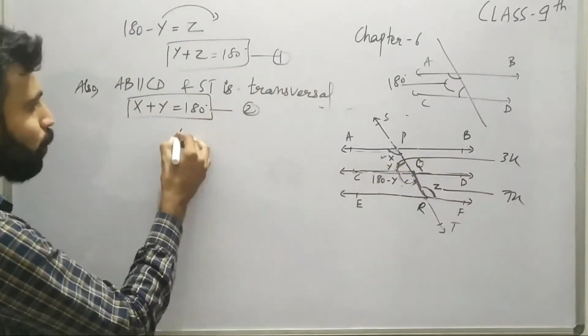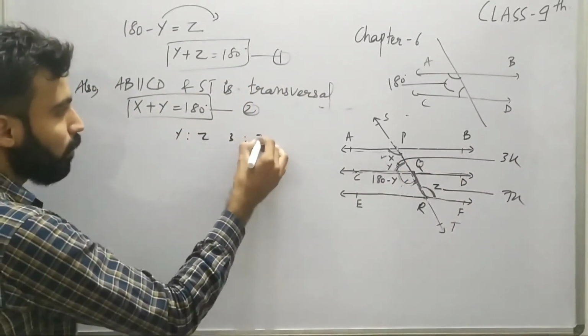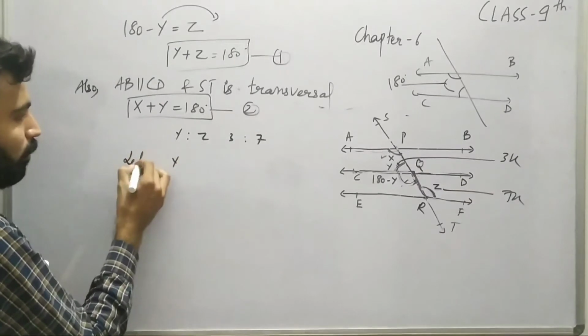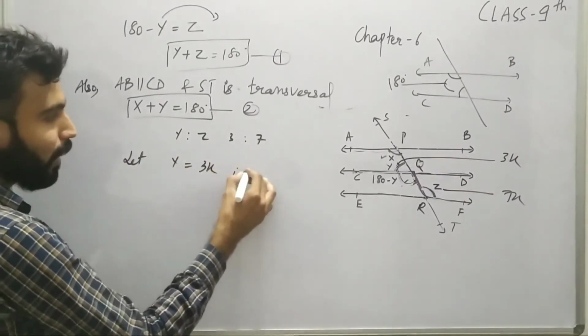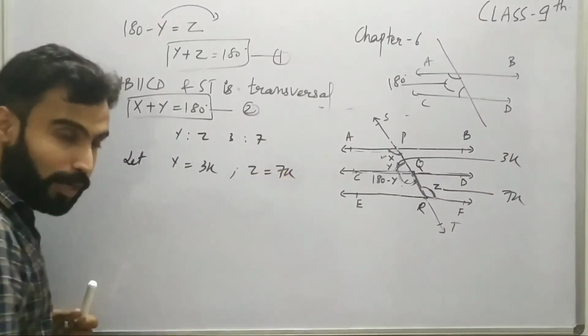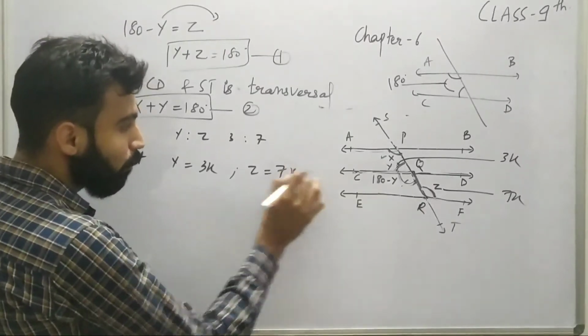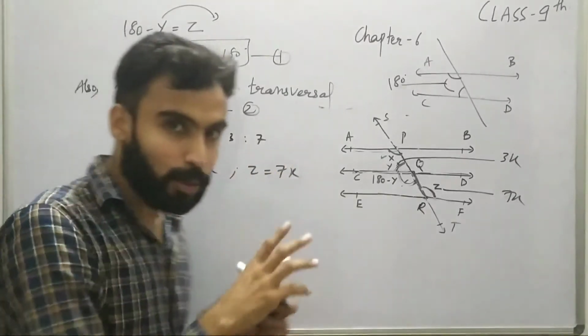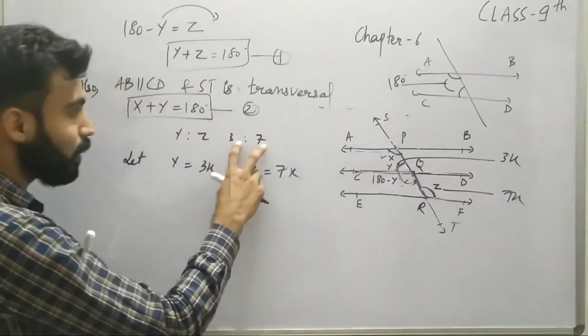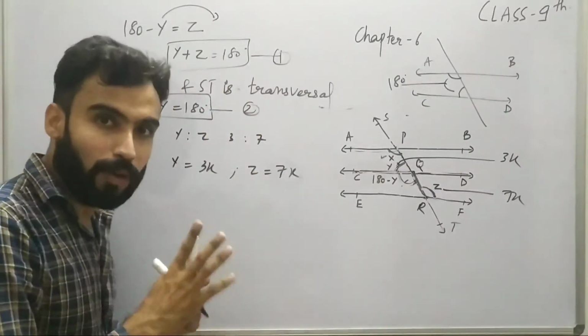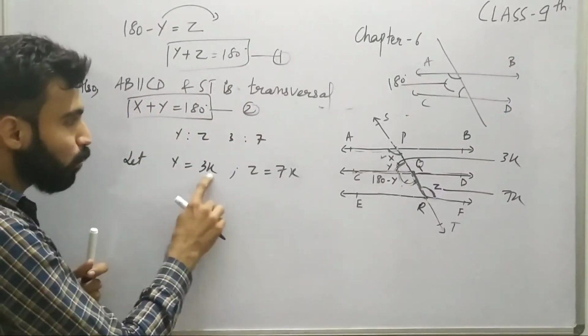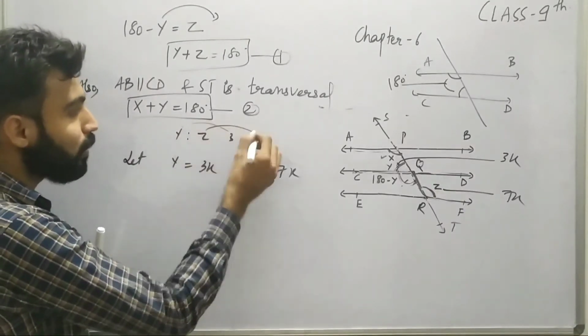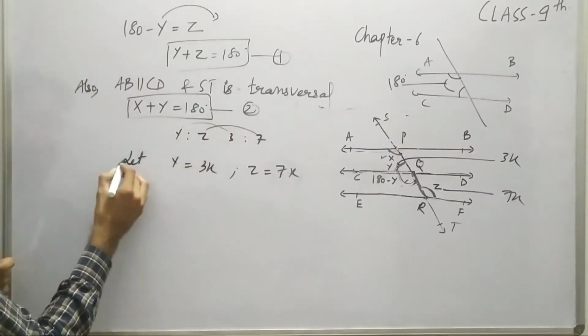That's why I assumed that angle Y is equal to 3x and Z equal to 7x. Getting my point? Whenever there is a ratio of two angles given to us, simply put x with the ratios. That means Y is equal to 3x and Z equal to 7x.